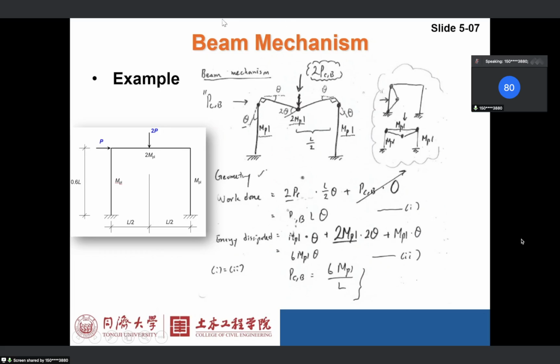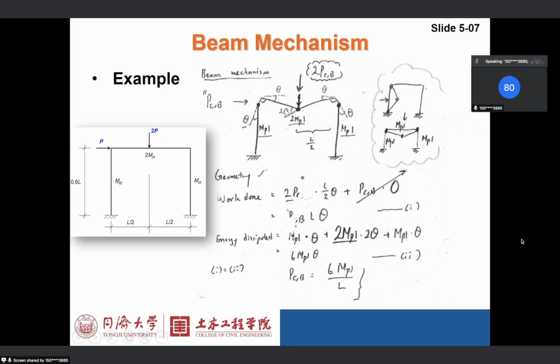Nothing here, because of the beam mechanism, there is no sway, deformation or displacement of the portal frame. So the work done by the horizontal load P is 0 because there's no displacement here. So the work done based on the beam mechanism is PBL delta.